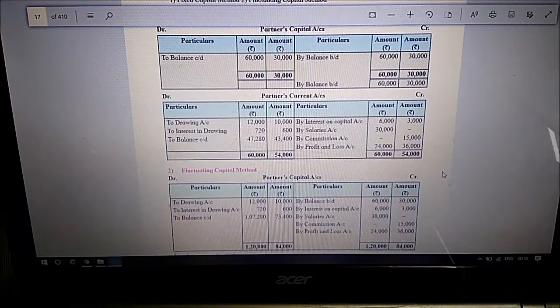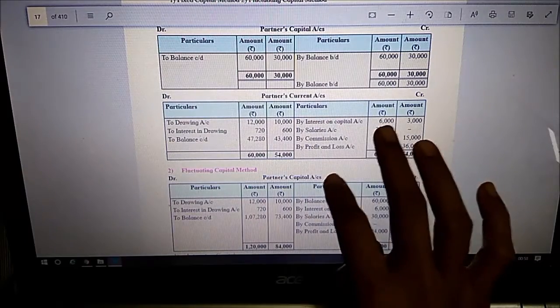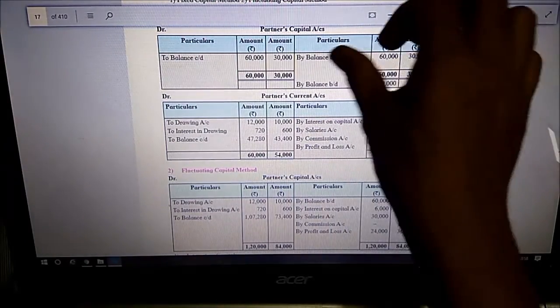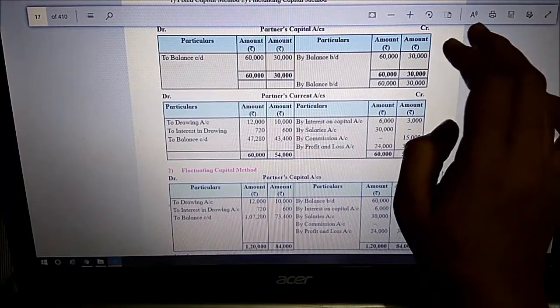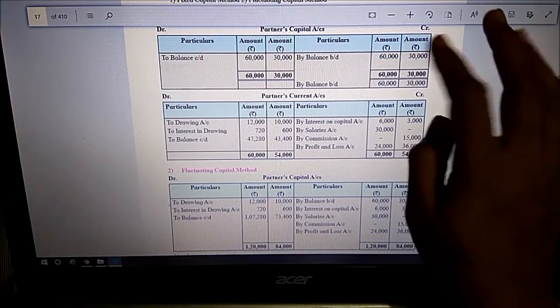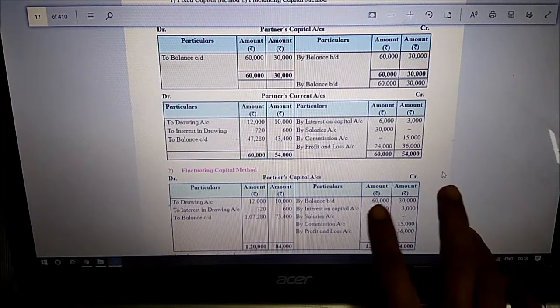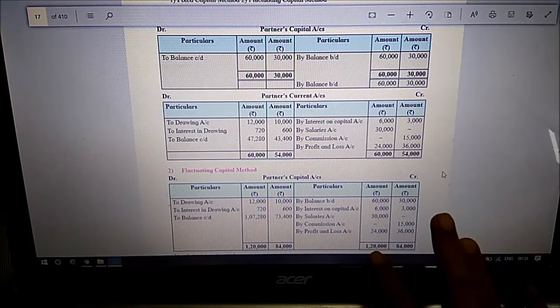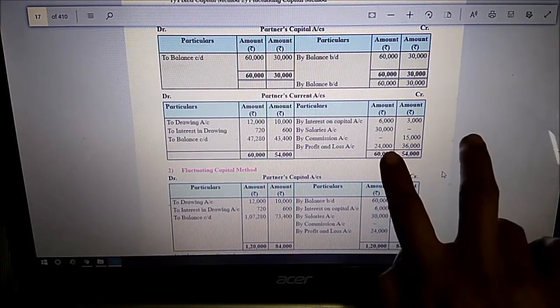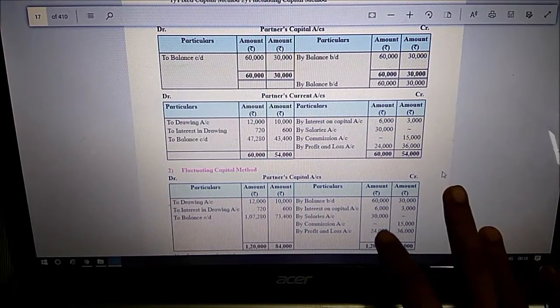But in the fluctuating capital method, we calculate only the partners' capital account. The amount that Anand and Bharat invested in the business is also taken in this. That's why the balance shows a difference when we compare here and here.